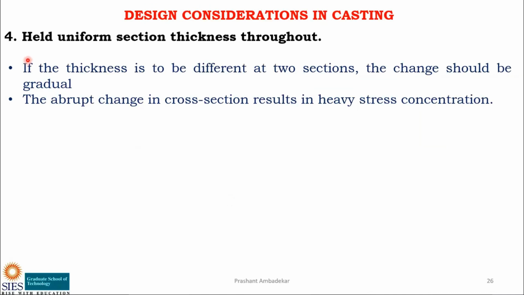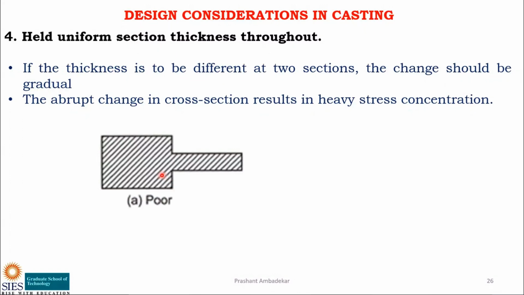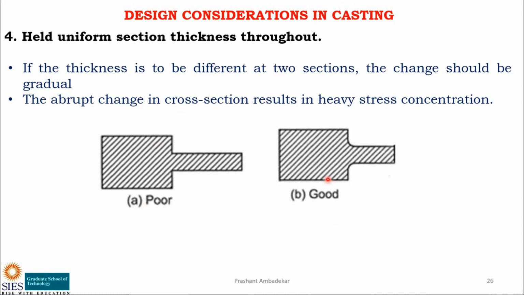Then the fourth point that has to be considered when you are designing the part which is to be casted is to hold uniform section thickness throughout. So you can see here, this is a part. It is saying that this is a poor design. Now this is a good design. Why is it good?